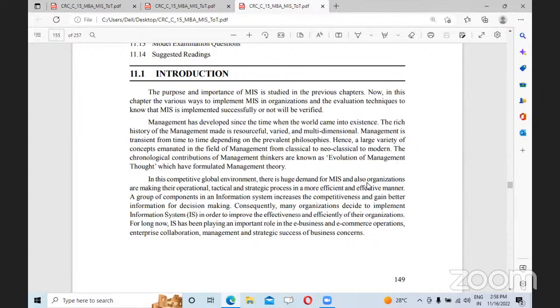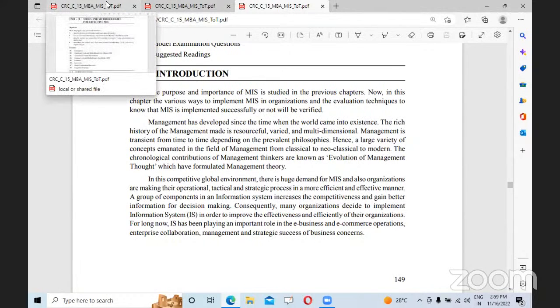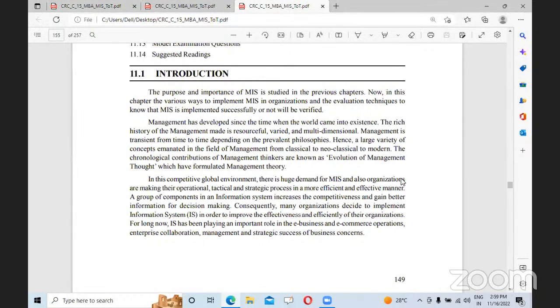In this competitive global environment, there is huge demand for MIS, and organizations are making their operational, tactical and strategic processes more efficient and effective. An information system, a group of components, increases competitiveness and provides better information for decision making.